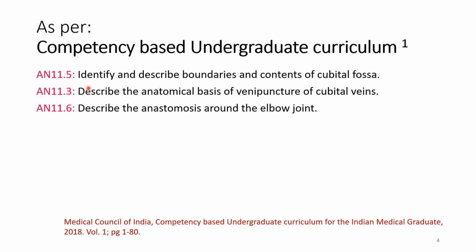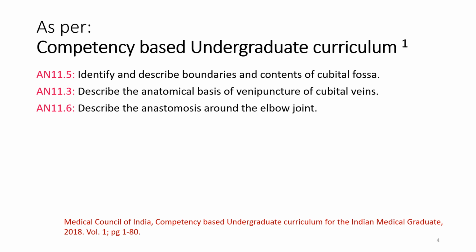The questions being asked in the exam: Number 1, identify and describe the boundaries and contents of the cubital fossa. Number 2, describe the anatomical basis of venipuncture of cubital veins. Number 3, describe anastomosis around the elbow joint. So this topic is very important from the examination point of view.